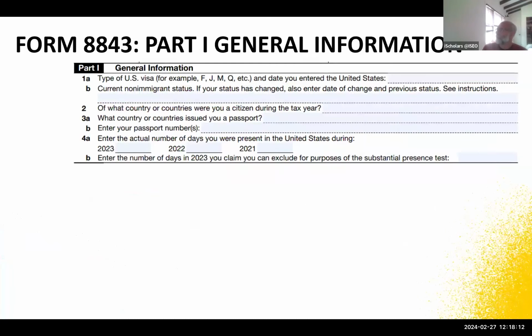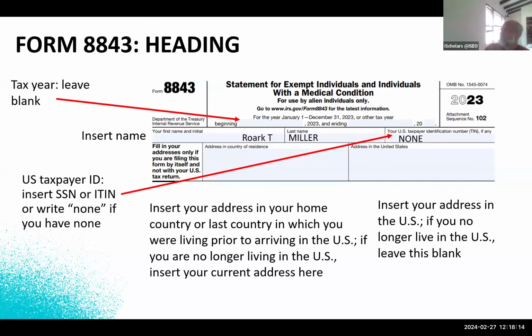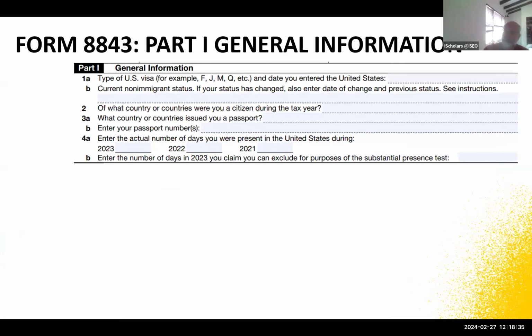And then, in the address in the United States, if you're currently in the United States, you would put your US address. If you are no longer living in the US, just leave this blank. So this is how the IRS would contact you if there is any need for them to contact you. So that's the heading. Now we're going to move to part one, the general information.